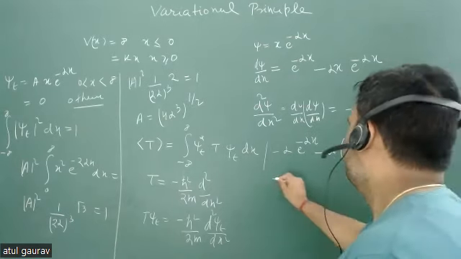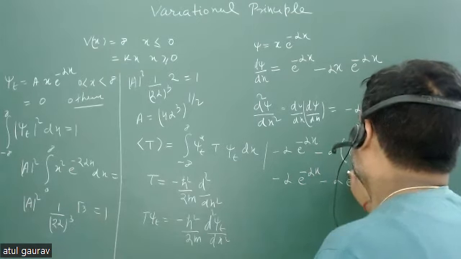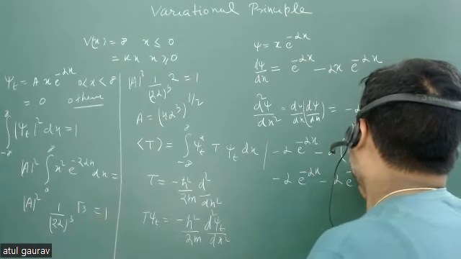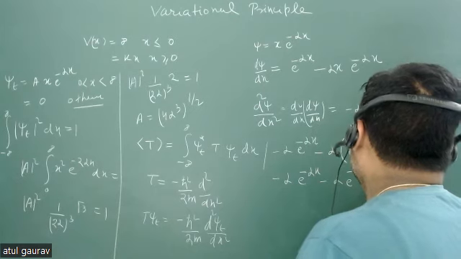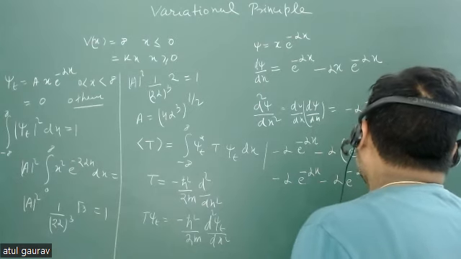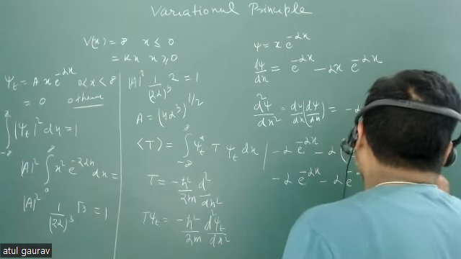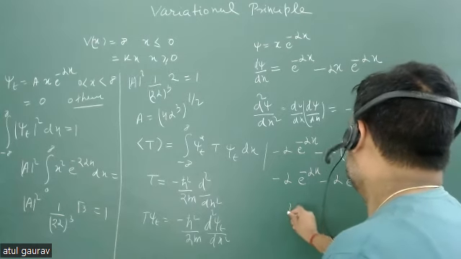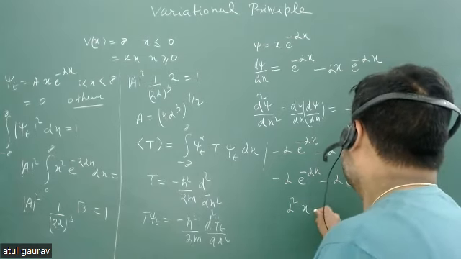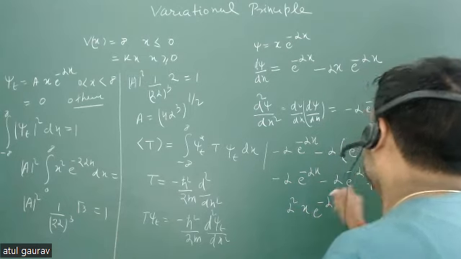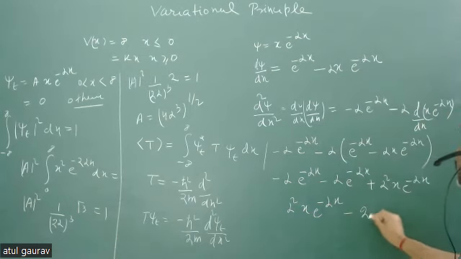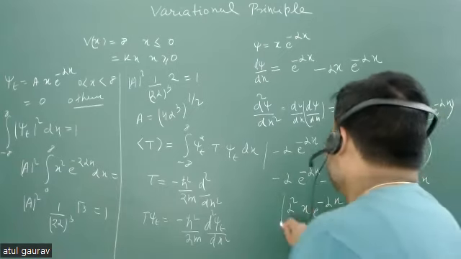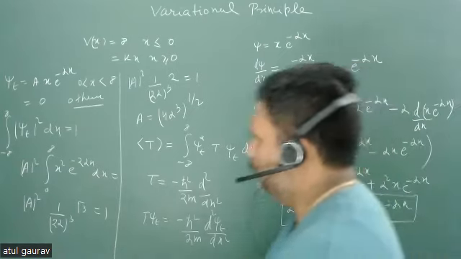And then we have minus alpha e to the power minus alpha x minus alpha e to the power minus alpha x plus alpha square x e to the power minus alpha x. And now this value is equal to alpha square x e to the power minus alpha x minus 2 alpha e to the power minus alpha x. So this is our second order derivative.